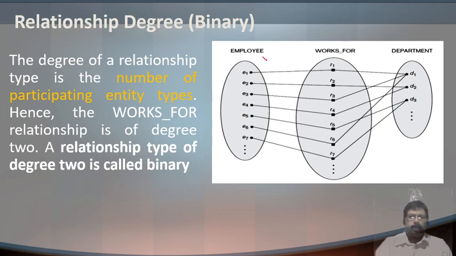As I mentioned previously, employee is one entity, department is one entity, and there is an association between employee and department, that is WORKS_FOR, and that is between two tables. So the degree of the relationship is binary. The degree of the relationship can be between two entities or maybe more than two entities.